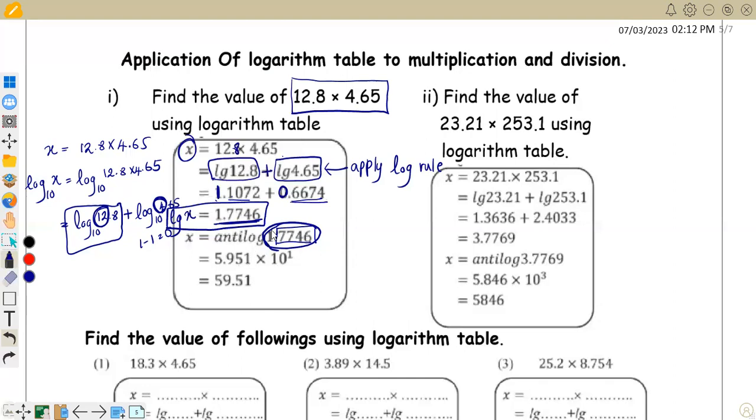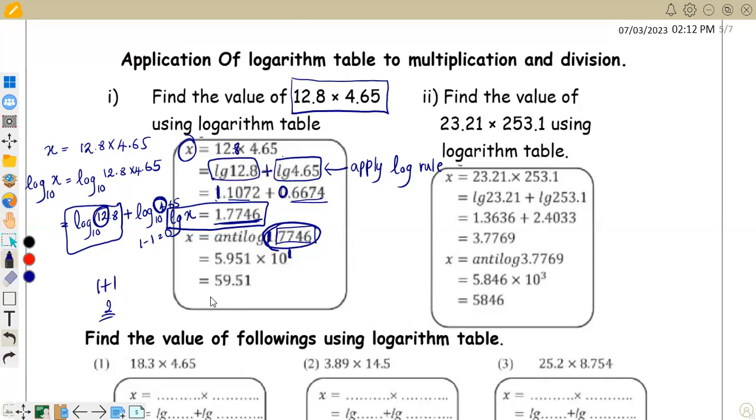Then here characteristic is 1. So the power of the scientific notation in the 10th power is 1. Then when you multiply this, it is 59.51. Because here characteristic is 1, if you add 1, 1, it is 2. That means for the whole number part, 2 digits should be separated. Okay.